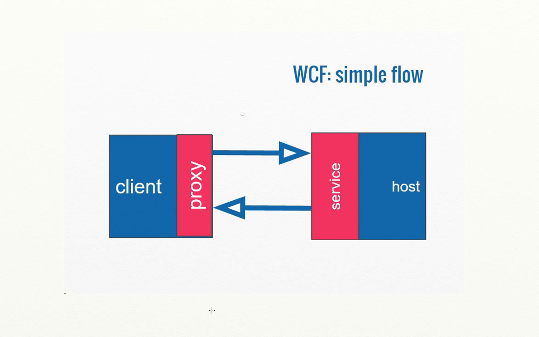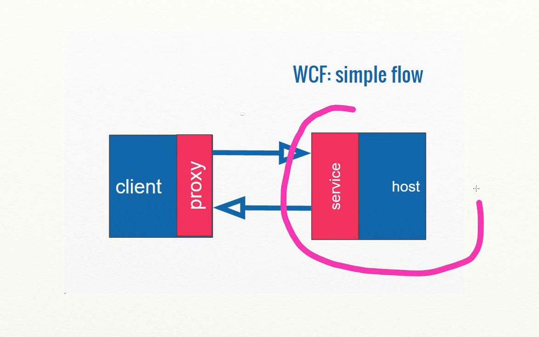So coming back to look at what we have in terms of a flow. As we know, we've got our service running in the host of IIS, and we're going to continue to use that.